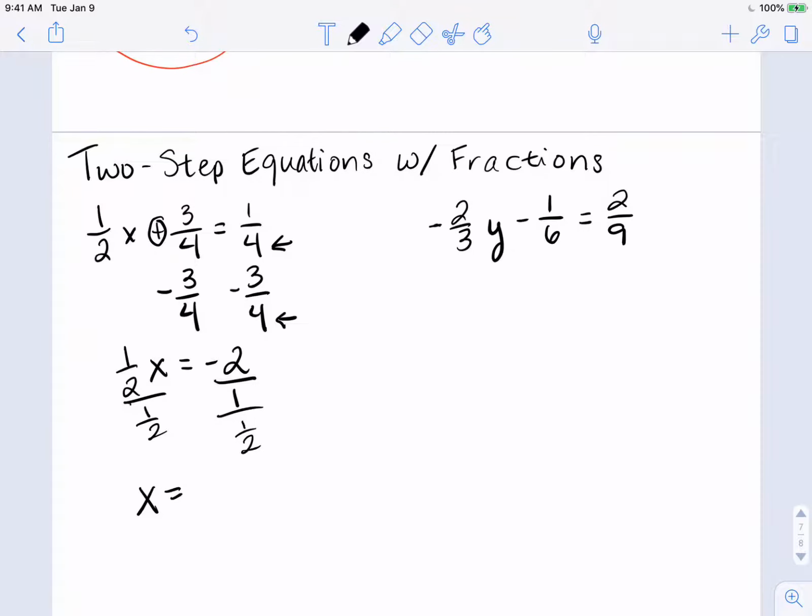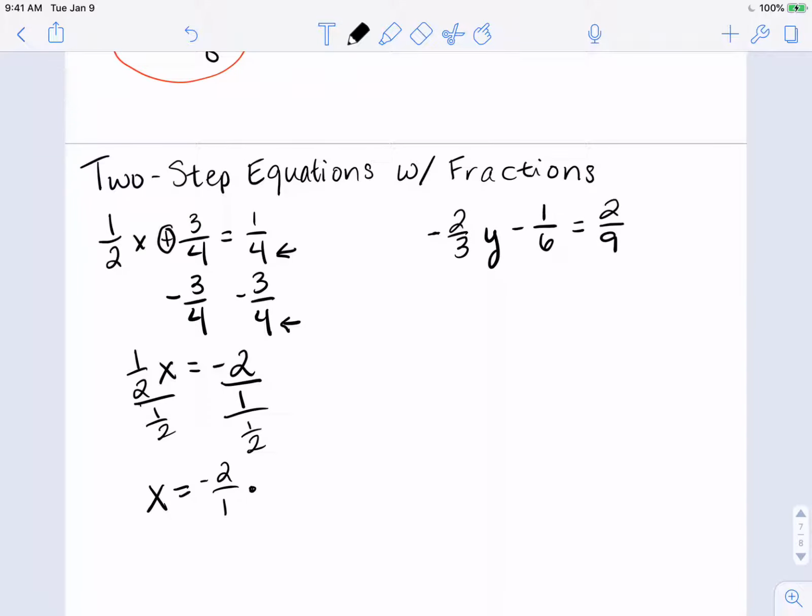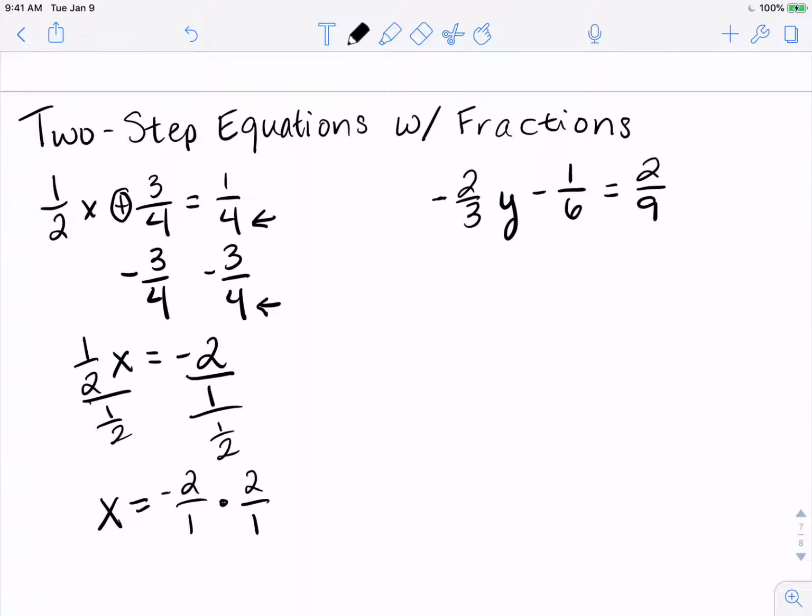So we are going to multiply by the reciprocal of 1/2. What is the reciprocal of 1/2? Well, you take 1/2 and you flip it to get 2 over 1. So we're multiplying two fractions.